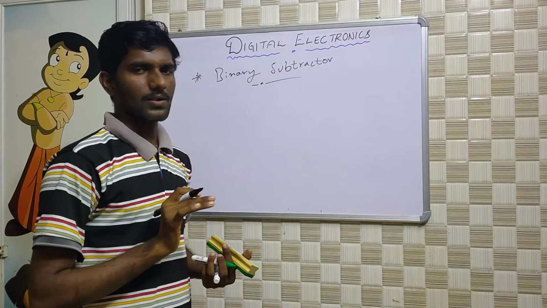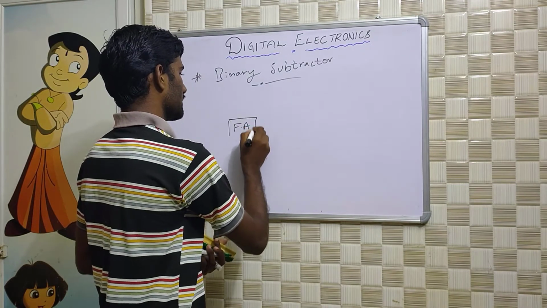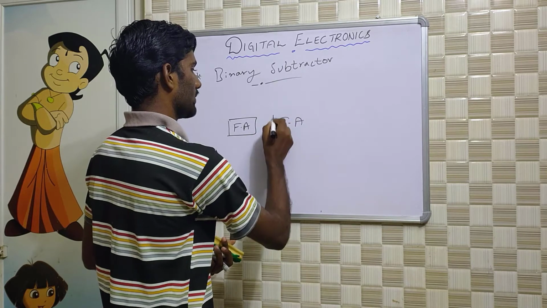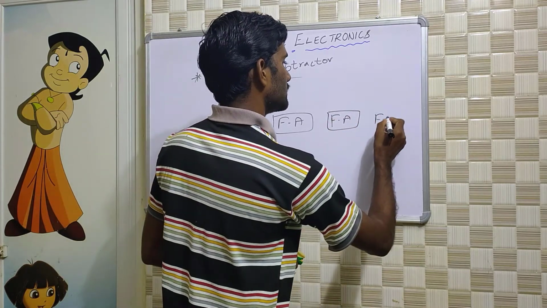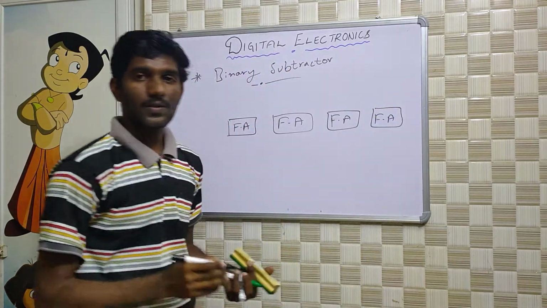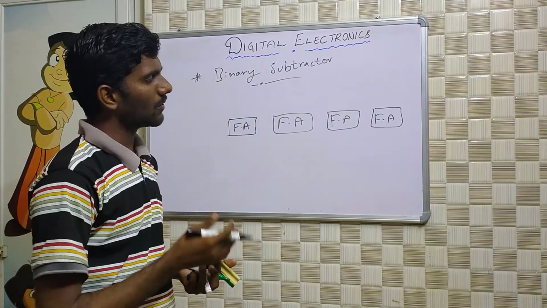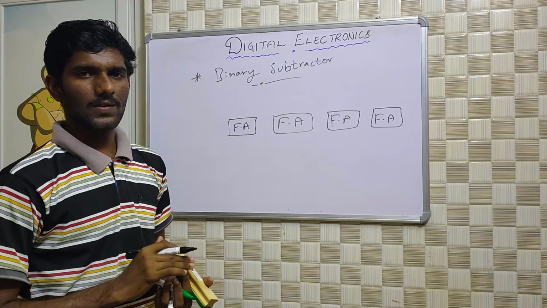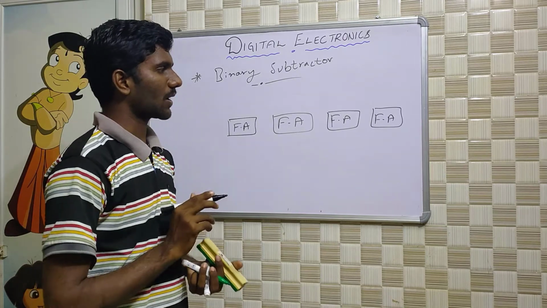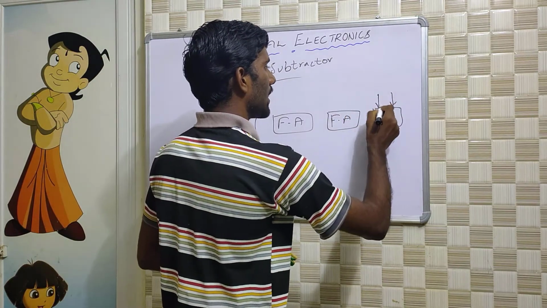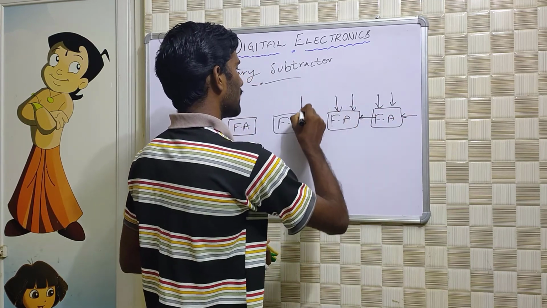We are not using subtractors, because if we complement one of the input terms, then even though we perform addition, the result will be subtraction only. Because of that, here we are using only full adders, similar to the binary adder.